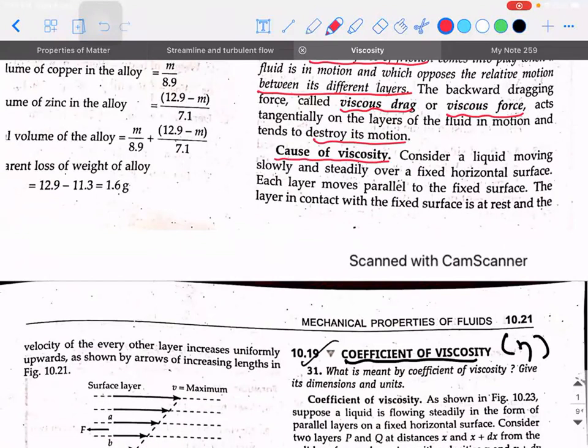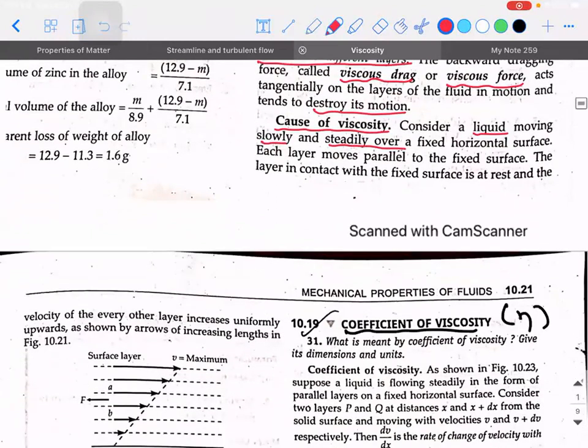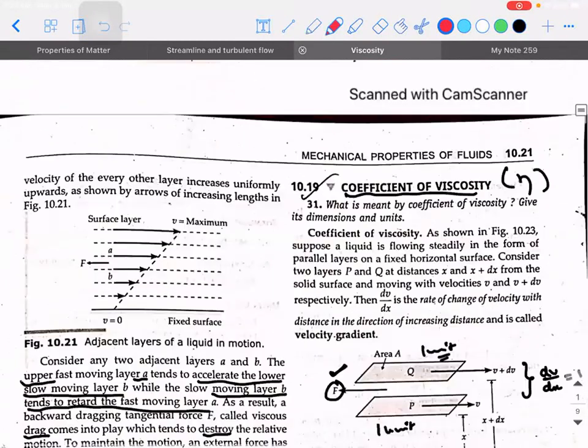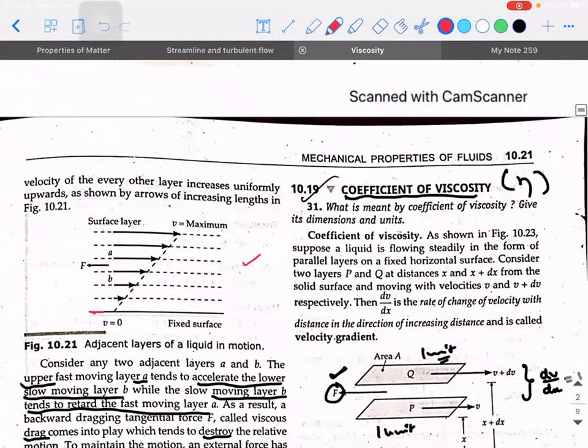Okay. Suppose I consider a liquid which is moving slowly and steadily over a fixed horizontal surface. Since we said steady, the layers are flowing over each other. Suppose it is like this. You have a fixed surface on top of which there is liquid that is flowing.